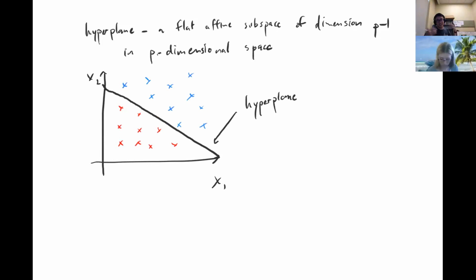It'll extend out into multiple dimensions. Here, it's an example in 2 dimensions. We have x1 and x2. So in 2 dimensions, we can define this hyperplane like so.